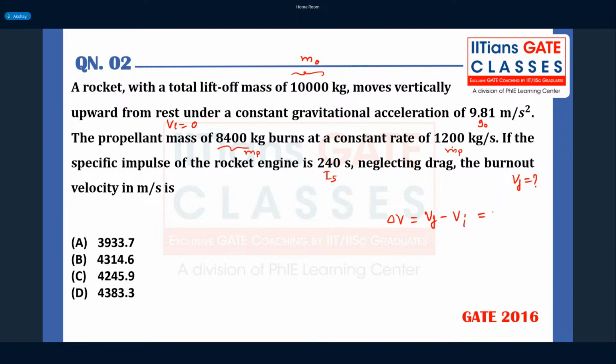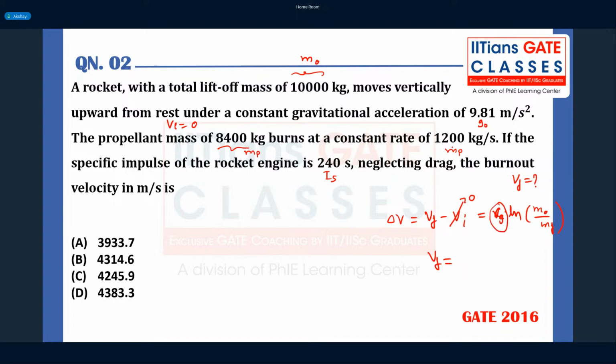That can be written using the rocket equation as Ve ln, or Cj in general, ln m naught over mf, from the rocket equation that we just saw a few slides back. Now it is given in the question that it is lifting off from rest, so initial velocity is 0. So the burnout velocity or the final velocity is this one.